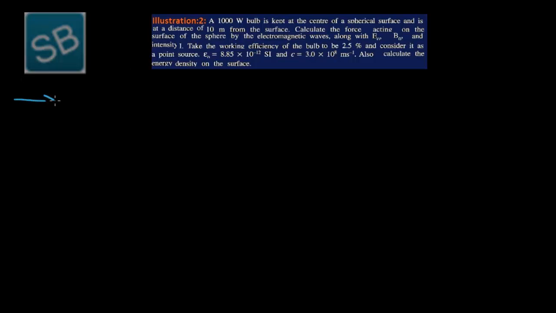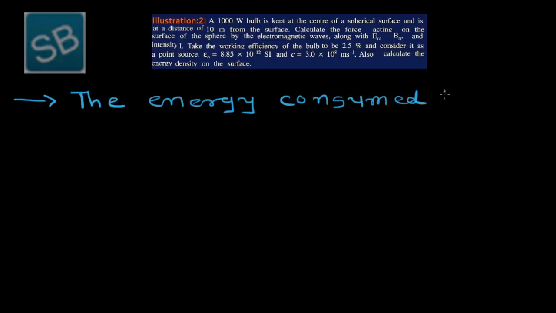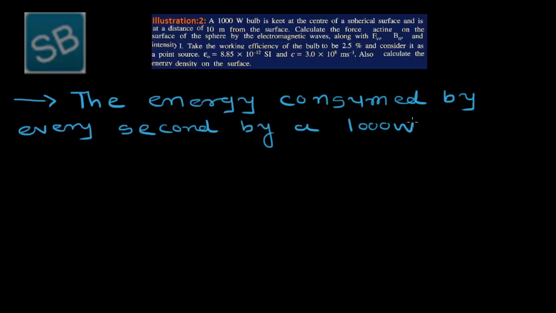So first of all, the energy consumed every second by a 1000-watt bulb is 1000 joule according to the definition of power.